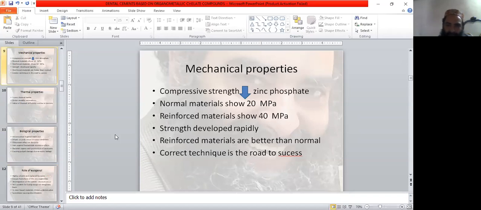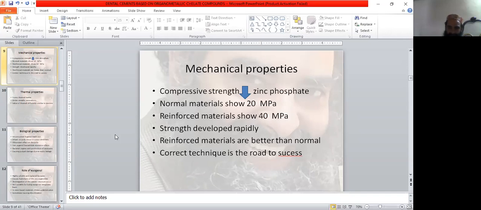Now mechanical properties, compressive strength is lower than zinc phosphate cement. Normal material shows 20 megapascal. Reinforced materials show 40 megapascal compressive strength. And strength developed rapidly.